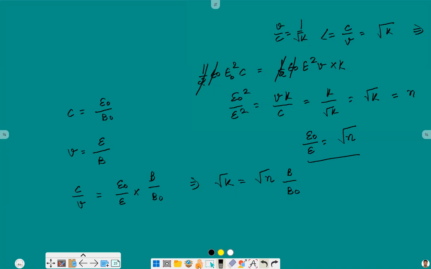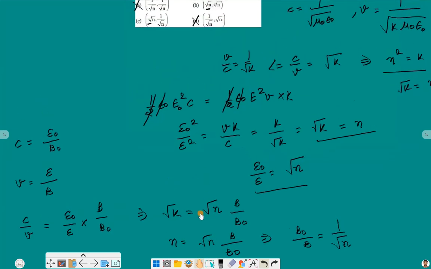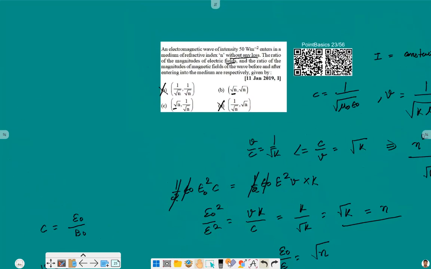Now under root of K is also equal to N. So from this relation, under root of K is N. So this is N is equal to under root N into B by B naught, and from this B naught by B will be equal to 1 by under root N. And if we match this one now, option B gets cancelled, and option C is the right answer here. Let us move ahead.